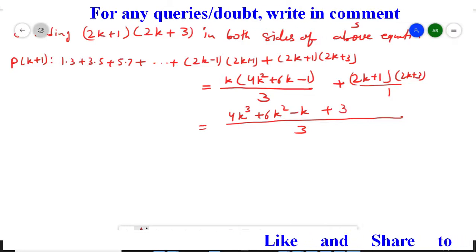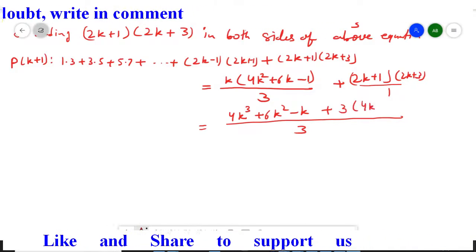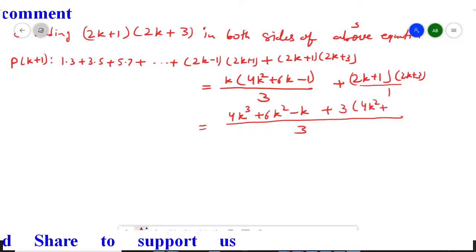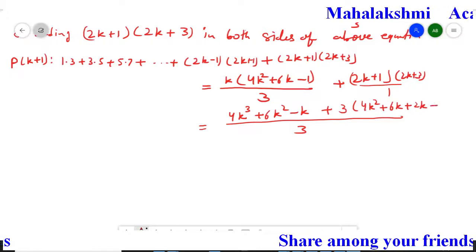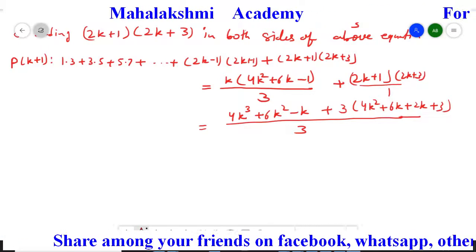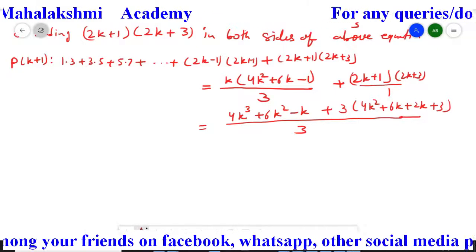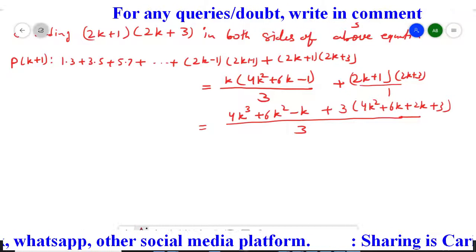So after LCM, what will come here? 3, and these two brackets as they are, so I am going to open them. So it's going to be 4k square plus 6k plus 2k plus 3. I had opened these two brackets. So 4k square, then 2k multiplied by 3 is 6k, then by 1 I multiplied 2k plus 3. So I obtain like this.